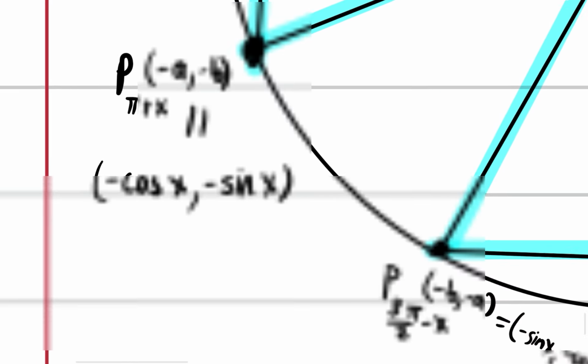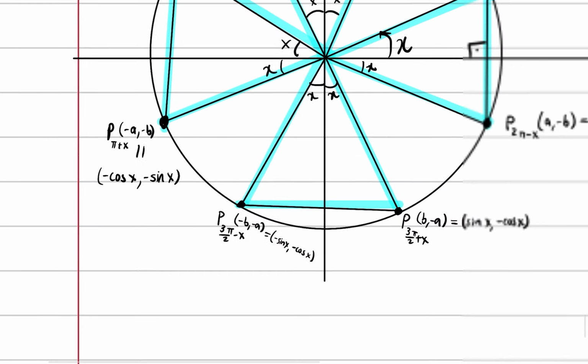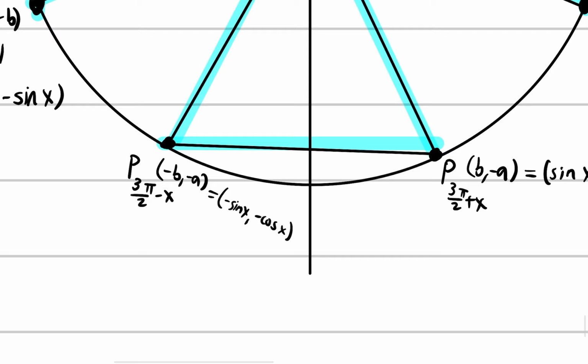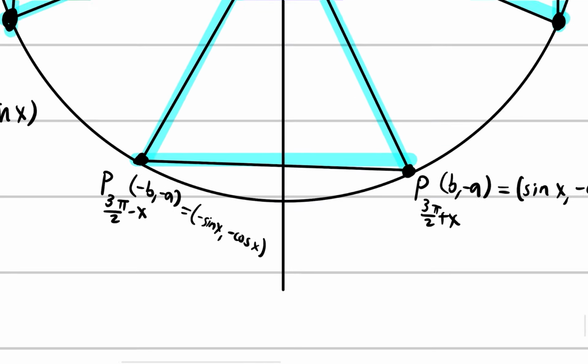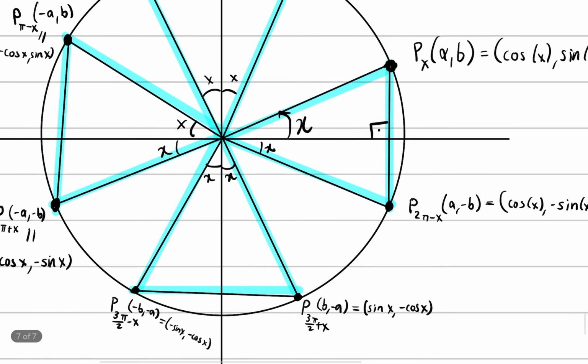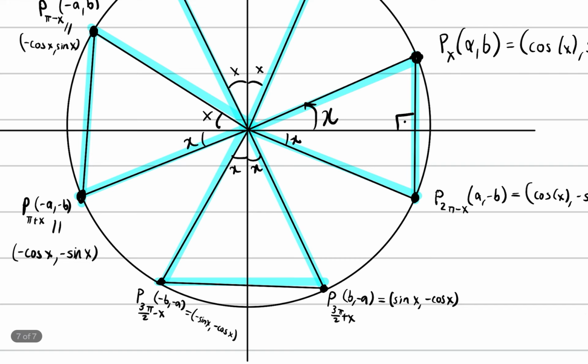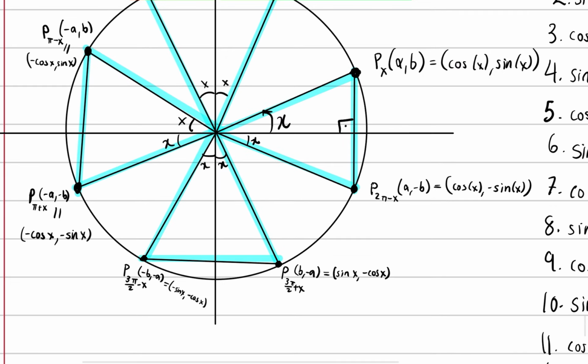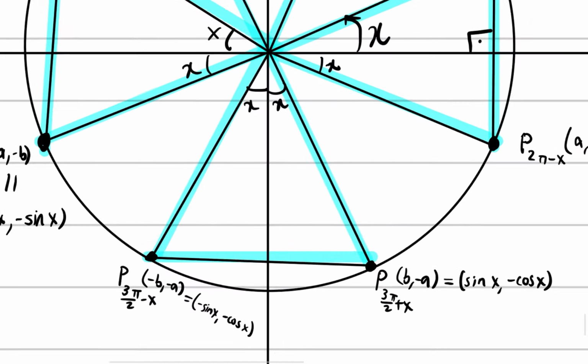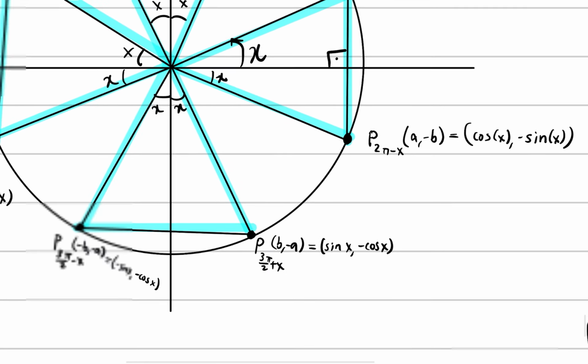So of course, we're just going to get negative a comma negative b, so negative cosine comma negative sine. Here we have 3 pi over 2 minus x. So 3 pi over 2, which is this whole thing, minus this, which is just this, of course, more geometry, which is negative b comma negative a, or negative sine comma negative cosine.